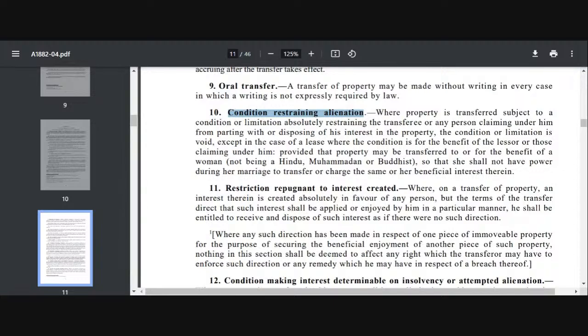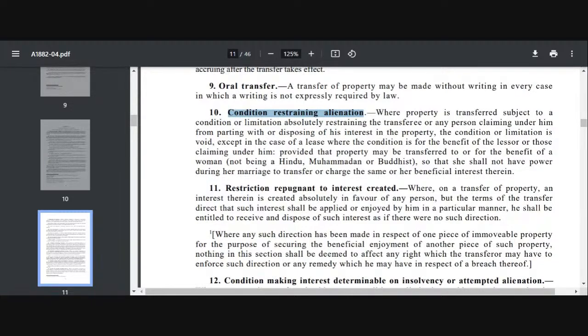So restraint on alienation is absolute if it is totally taking away my rights of disposal. So absolutely restraining a property will make the condition void. But if it is partial, section 10 doesn't have any say about partial restraint, so it is silent about it.